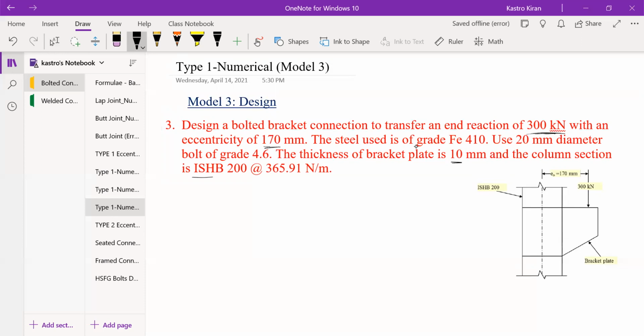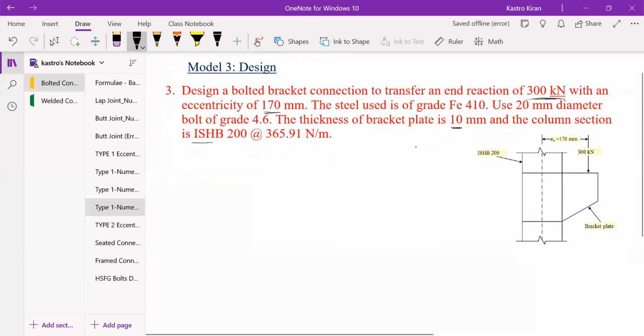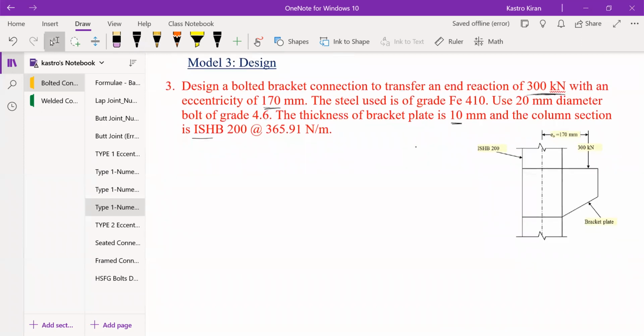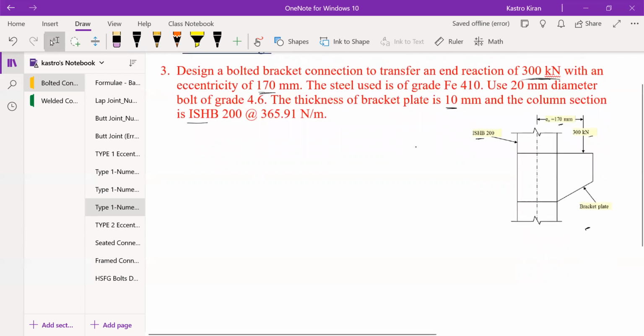By seeing the data, the diagram can be drawn as shown in the figure. A steel bracket plate is connected to a column, that is ISHP 200, and the 300 kilonewtons load is acting at an eccentricity of 170 mm from the center of the column section. Now let's design the section.